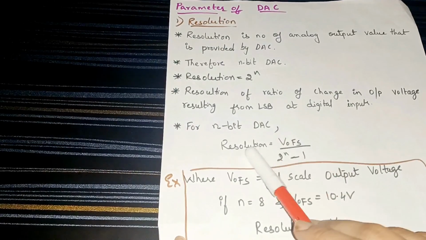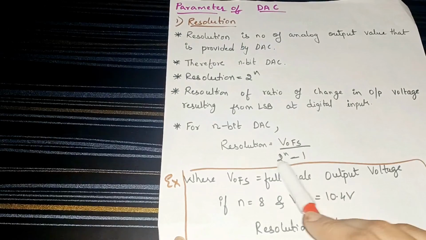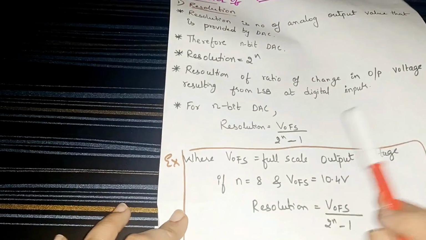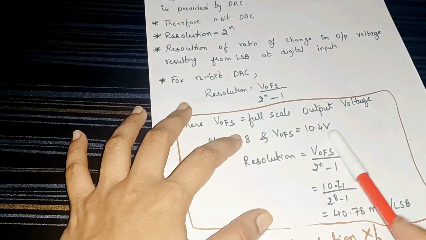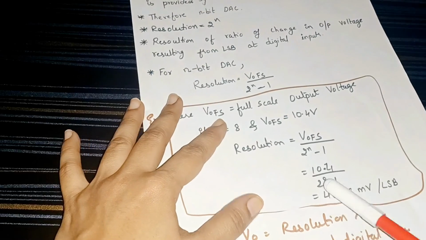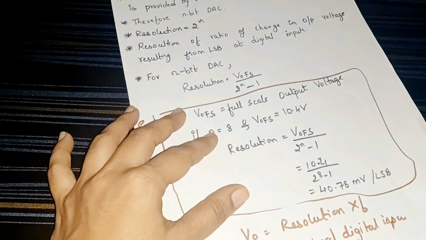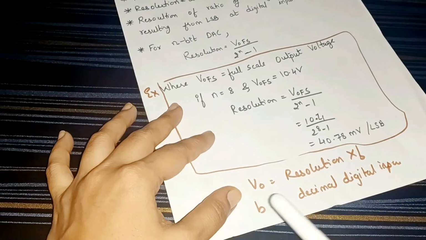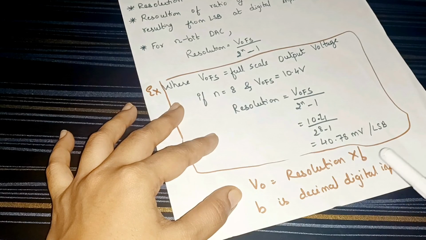For an n bit DAC, resolution is the voltage output across the reference divided by 2 raised to power n minus 1. For example, taking 8 as n bits and a voltage reference of 10.4, we get 40.78 when we put the values into the resolution formula, and hence we know the voltage output equals resolution times B.